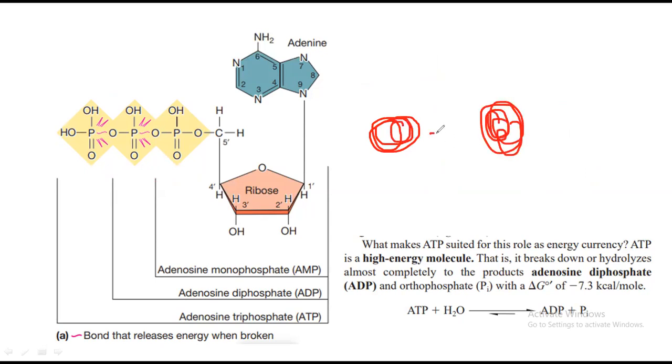Sorry for the drawing. And here there is a reaction where ATP is converted to ADP. This is the ATP and it is converted into ADP. This means that it has given its phosphate to the other compound. Now here is the phosphate.